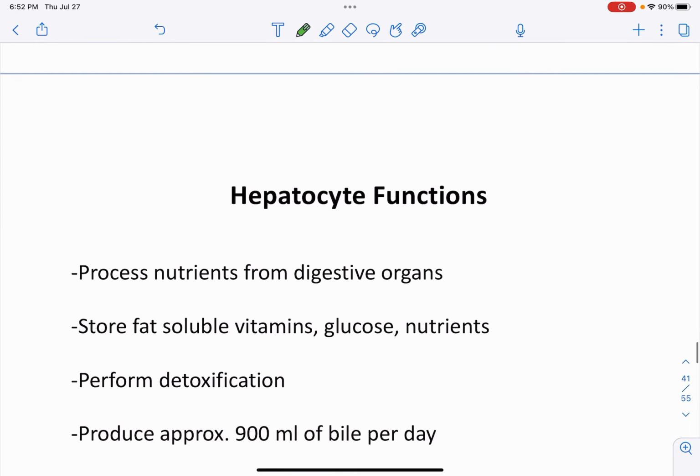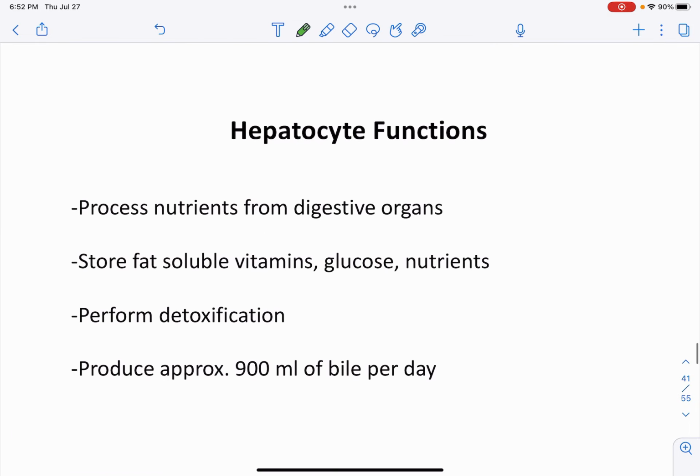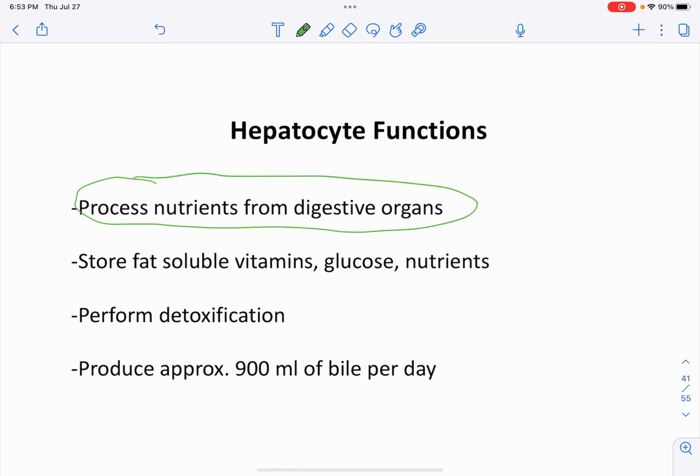All right, so as I mentioned, I was going to come back to what the arteries and veins are going to be doing. To summarize this, and I hope to convey this in the simplest way possible, the liver is going to process nutrients from all of the digestive organs.